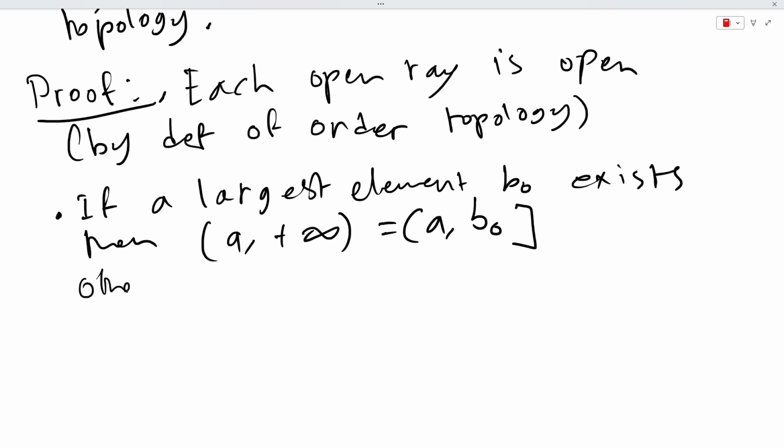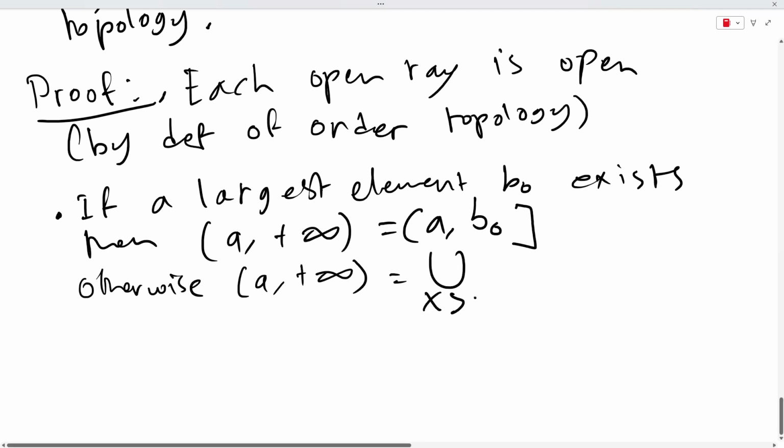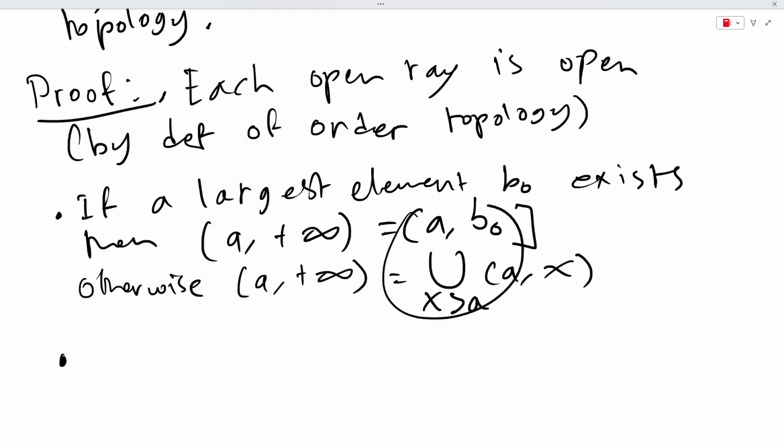Otherwise, this can be expressed as the union of all (a, x) with x greater than a, which makes sense because these are basis intervals. Since we can express this as a union of basis intervals, it's also open. I mean the union, not intersection.